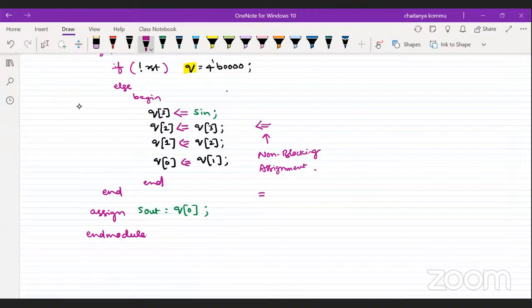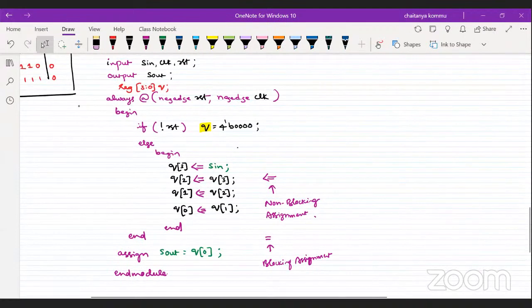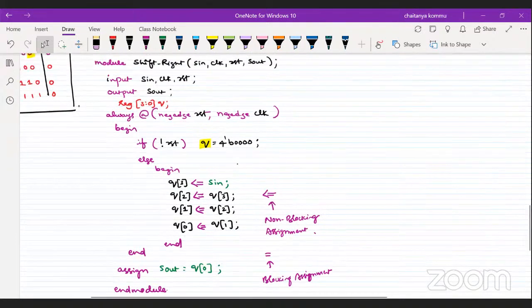But if you're using only equal, then this is called blocking assignment. So for realization of the sequential designs, it is better to use non-blocking assignment than blocking assignment.